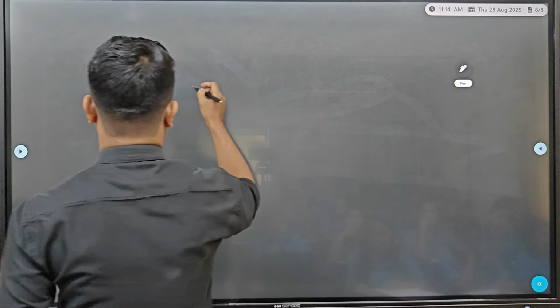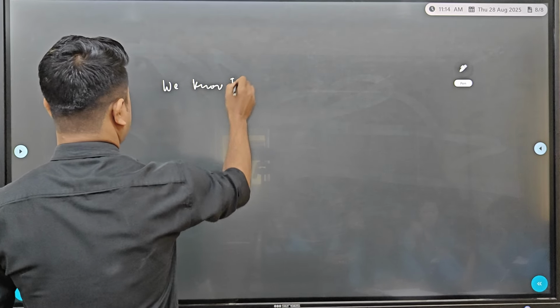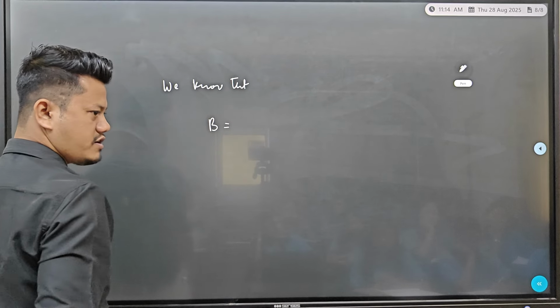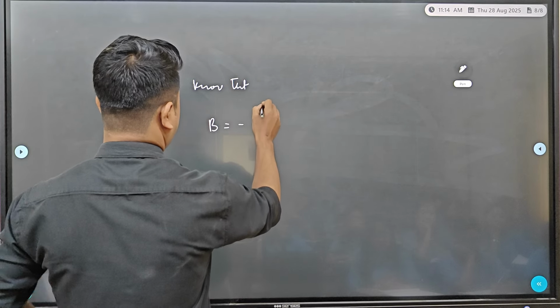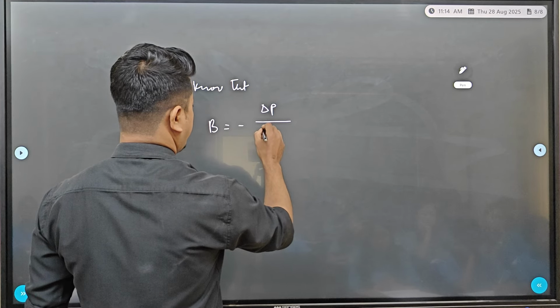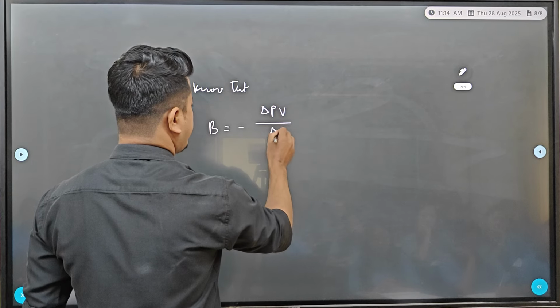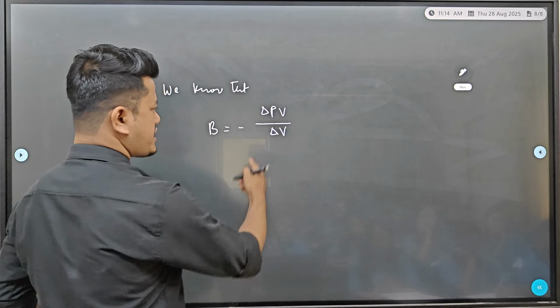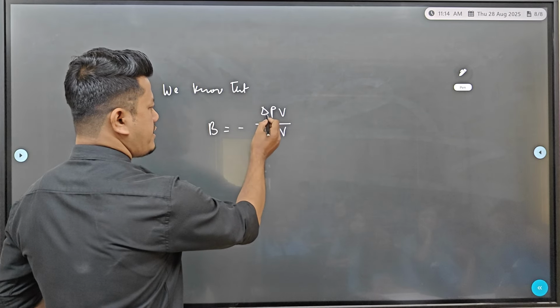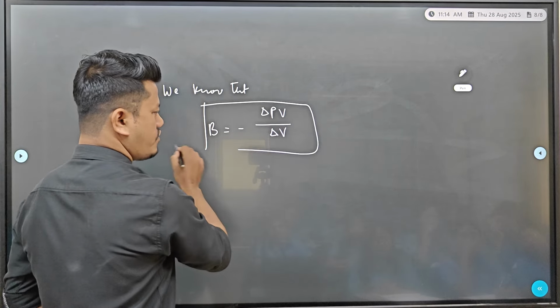So modulus of elasticity, we know that, what is the expression of bulk modulus? B equal to minus del P into V by del V, or not? This was the expression, right? Del P into V by del V. This is the bulk modulus expression. Yes or no?